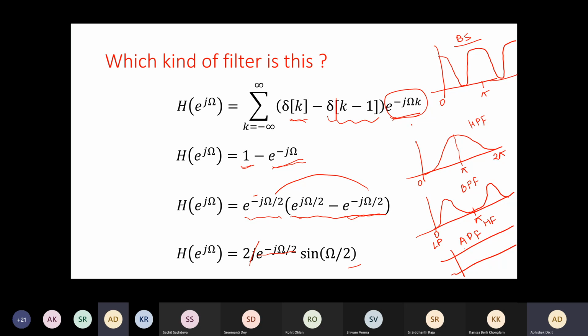So a band pass filter does not pass the lowest and highest frequency, but it passes some frequencies in the middle. A band stop filter passes the lowest frequency and highest frequency with the maximum amplitude, but it doesn't pass frequencies in the middle. So that is the difference between band stop and band pass filter. Yes, sir. Got it. Thank you.